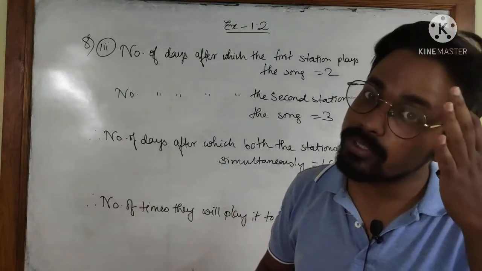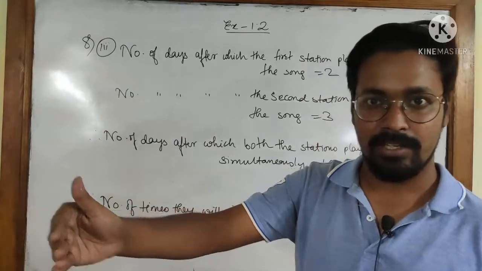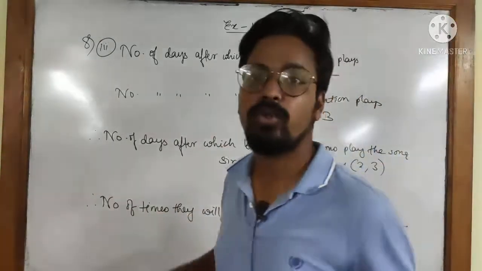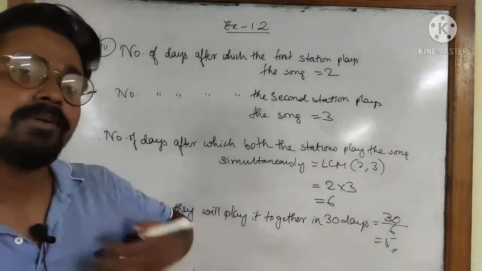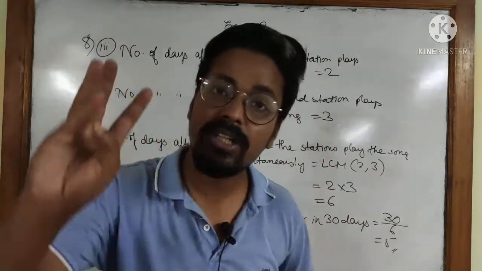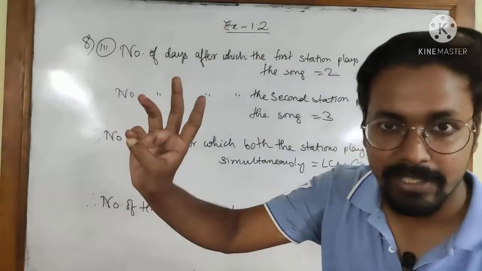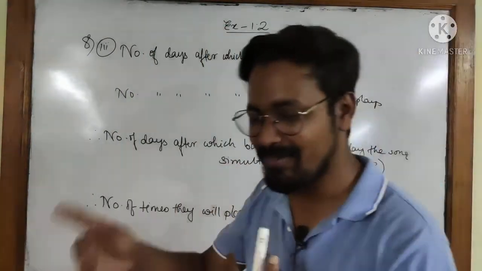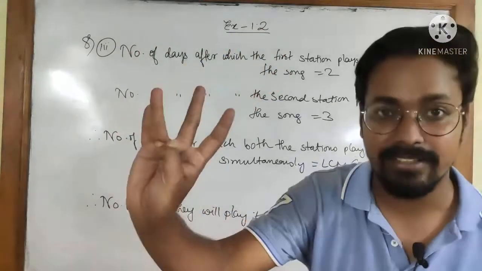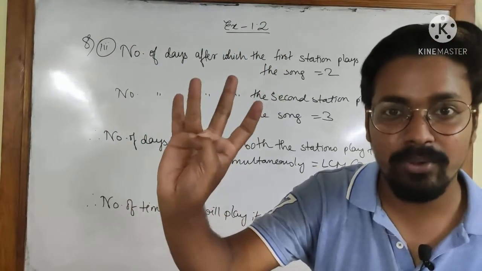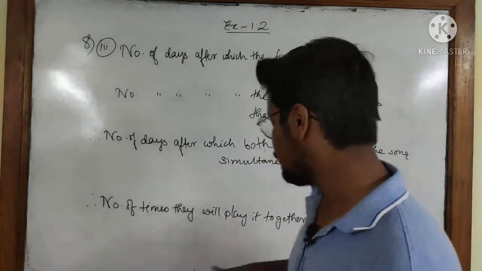Suppose now May month is going on, suppose they are playing it together on 6th of May. Then they will again play it on 12th, then 18th, 24th and 30th. So in 30 days they can only play it 5 times together. So here is the answer 5.